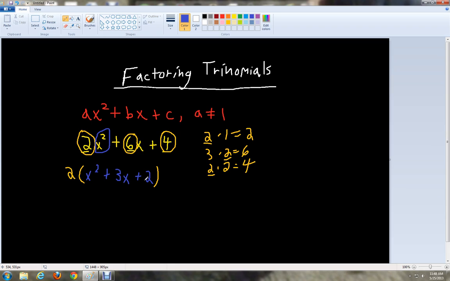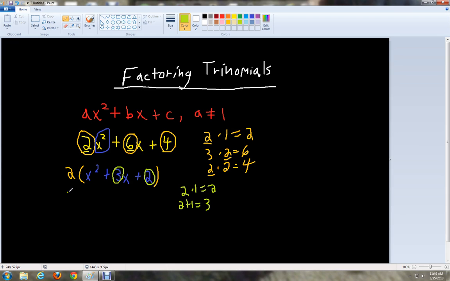Now I ask myself, can this be factored even more? Is it factored completely? Well, if we look at x squared plus 3x plus 2, we can see that yes, it can be factored, because I know factors of 2 that add up to 3. So I know 2 times 1 is 2, and 2 plus 1 is 3.